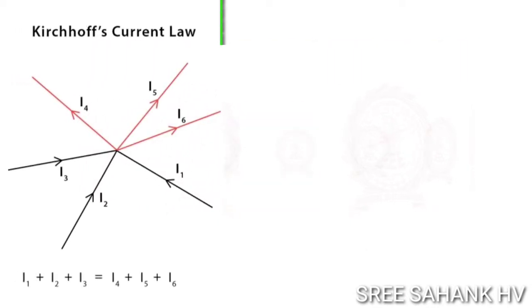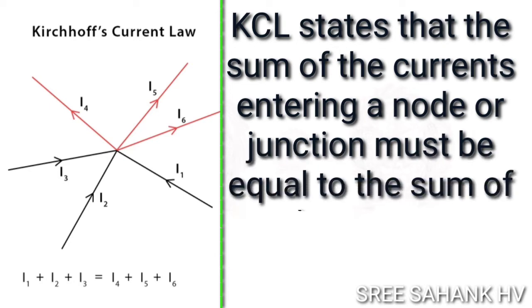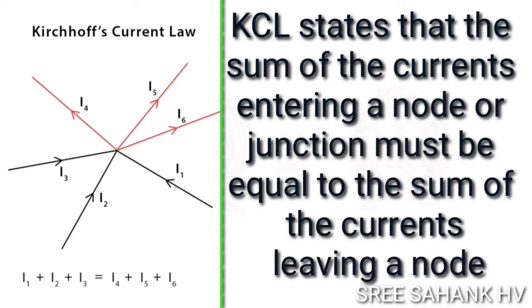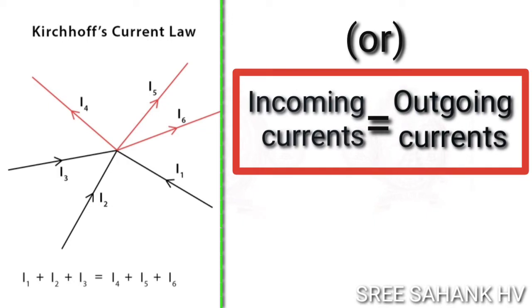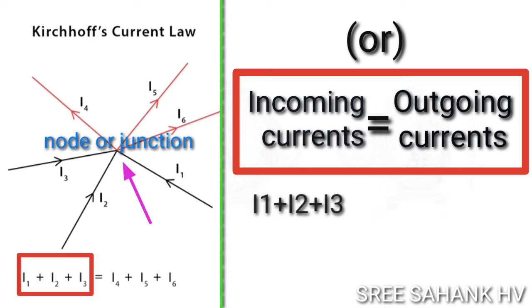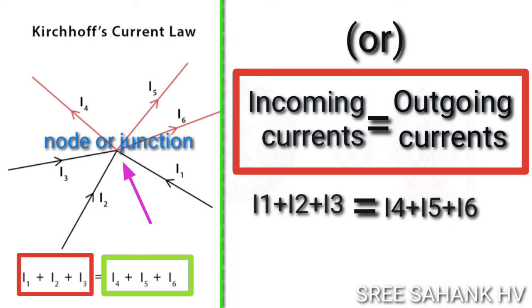KCL states that the sum of currents entering a node or junction must be equal to the sum of the currents leaving the node, or incoming currents equal outgoing currents. Here incoming currents are I1 plus I2 plus I3. Outgoing currents are I4 plus I5 plus I6.